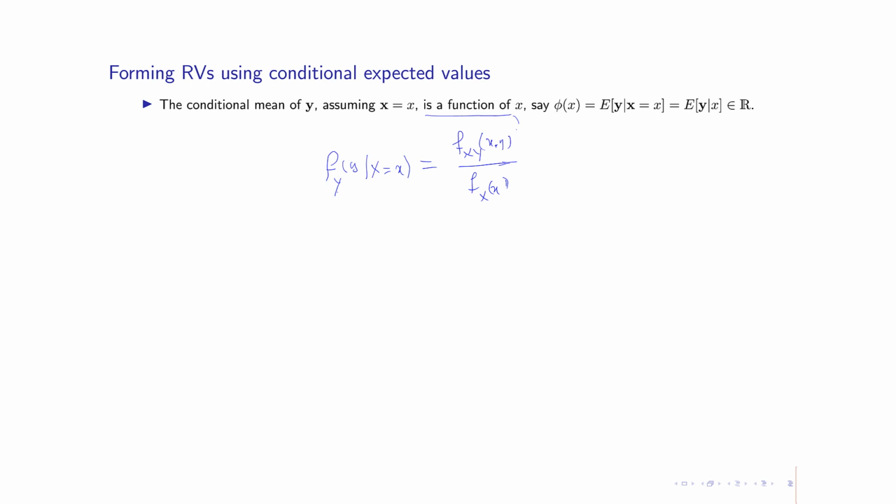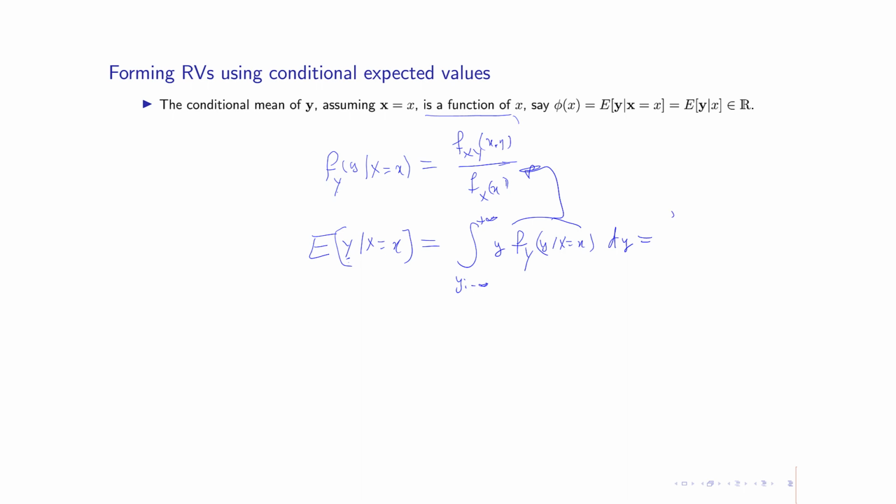Now, if I write the expected value of y given X equal x, this becomes the integral over y from minus infinity to plus infinity of the value that y takes on, and then I have to write the conditional PDF, f_{Y|X}(y | x), which is equal to this ratio, and then dy.